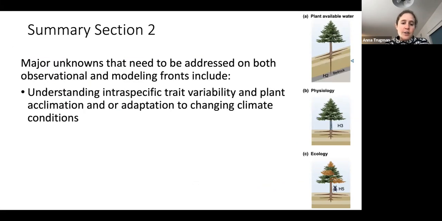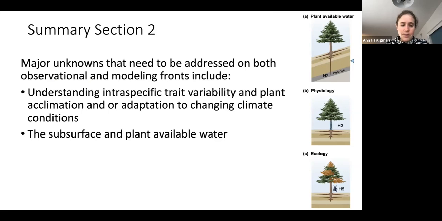So just to summarize this last section, major unknowns that need to be addressed on both observational and modeling fronts include understanding intraspecific trait variability and plant acclimation or adaptation to climate change conditions. And we really need to get a better grasp on this before we can fully constrain if this is an important mechanism to include in process-based models. Understanding the subsurface and plant available water.